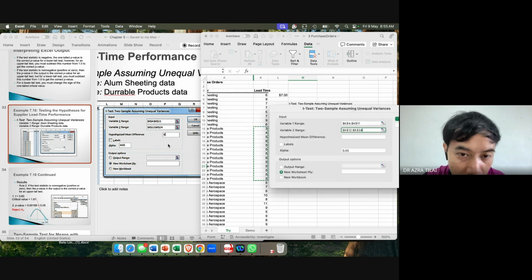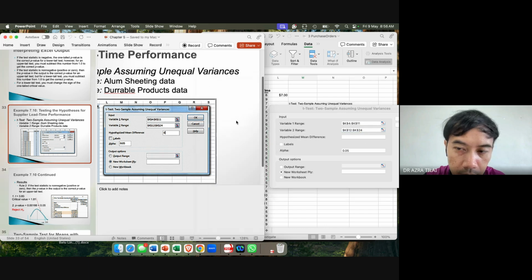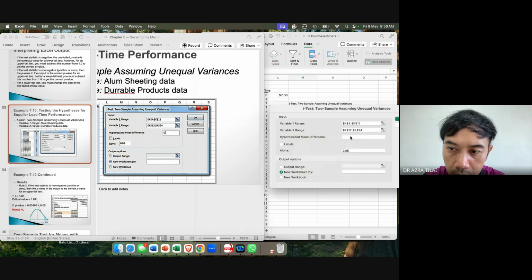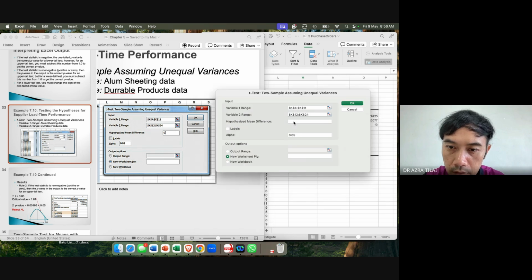So hypothesized mean difference, what you can put is, unequal variance. Okay, put 0. Okay, cannot. What happened? What happened? Oh.